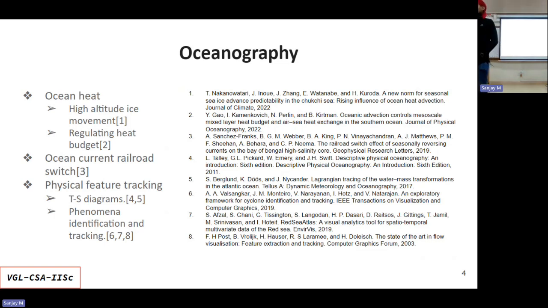These are used to detect a uniform water mass, which they then track over time. There are also some studies which focus on a specific phenomenon. For example, let's say you want to track a cyclone. You start with the definition of a cyclone, extract it out of data, and then you track it over time.